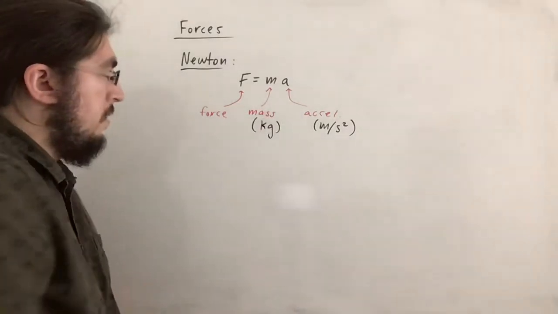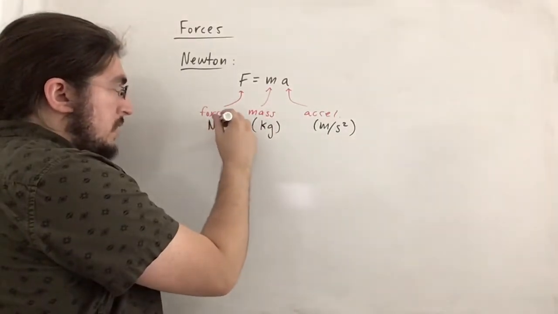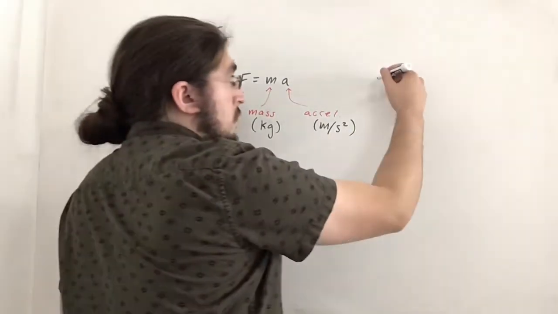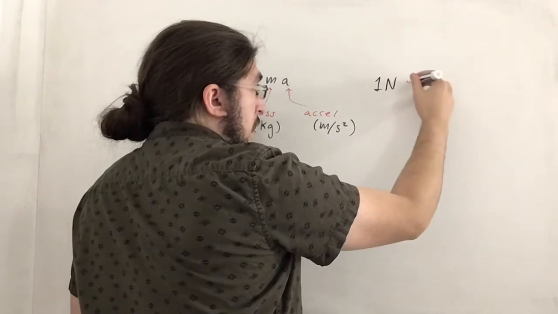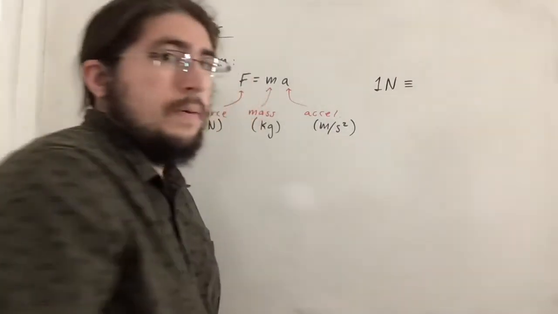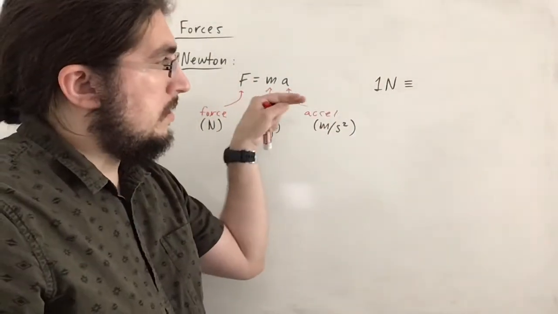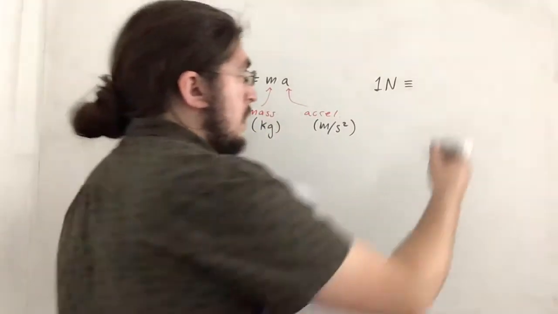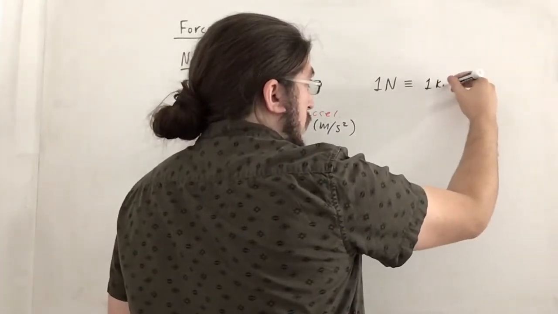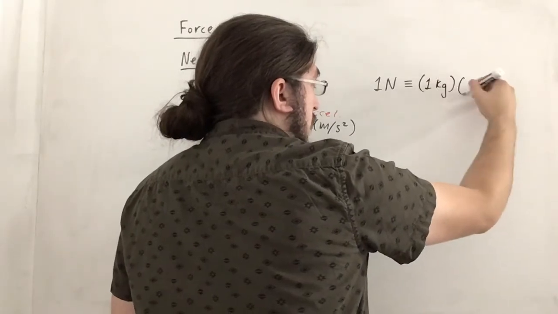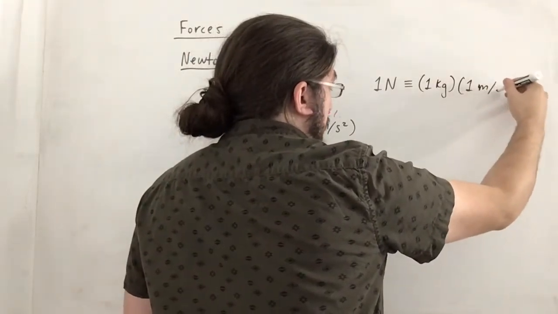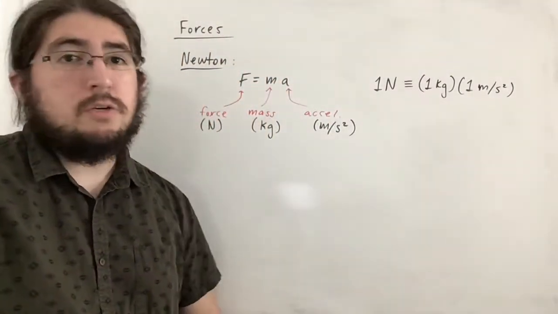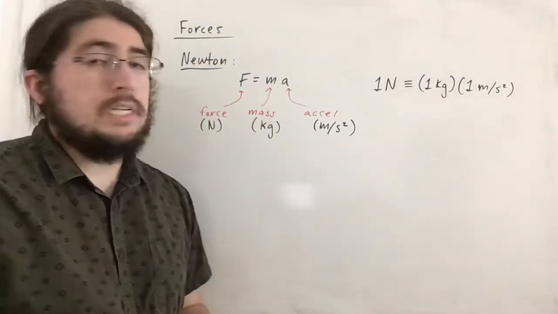Okay, and force, the standard unit of force is a Newton, denoted by capital N. So 1 Newton is defined, so I'm going to use this 3-bar version of equality, which basically means by definition, as 1 kilogram multiplied by 1 meter per second squared. So it's just kind of the culmination of these two units together.